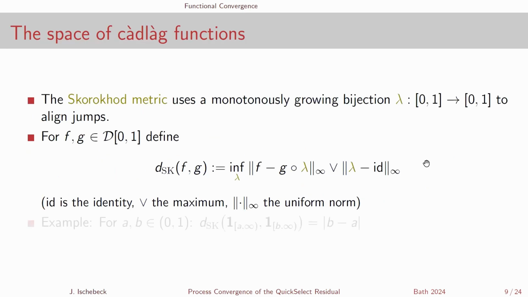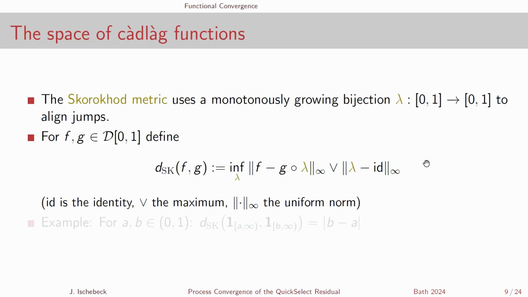To do this, we need a monotonously growing bijection. This will serve as a time shift to align our jumps. Then we define the Skorokhod metric as whichever is bigger: either the distance between the functions after we shifted one of them with lambda, or the distance between lambda and the identity, and we choose the lambda such that this entire term is minimal.